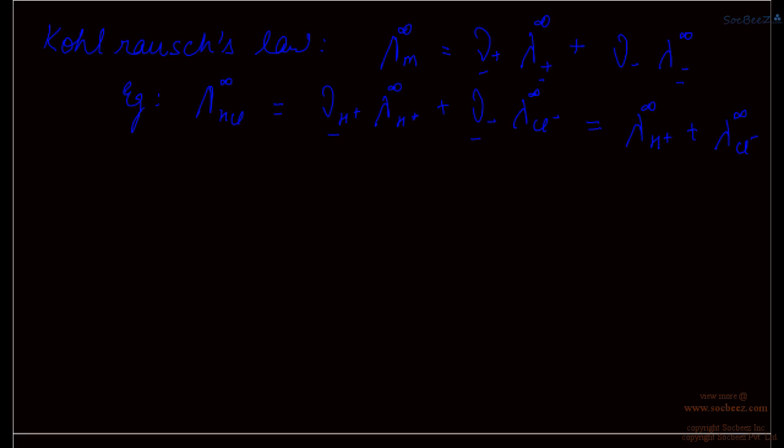Here is another example. At infinite dilution, molar conductivity of MgCl2 will be equal to lambda Mg2 positive at infinite dilution, because nu for Mg2 positive is 1, plus 2 times lambda Cl negative, since nu for Cl negative is 2, so 2 comes as a coefficient.